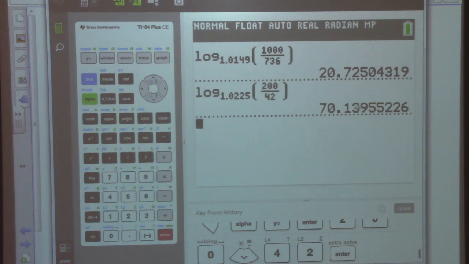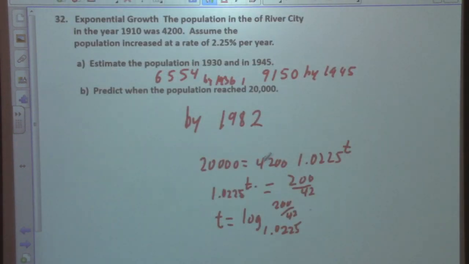And here he gets 70, and it's supposed to be 70, right? So you get 1910 plus 70, so 1980. Yeah. So 1980, all right, but still that's some good work there, okay?